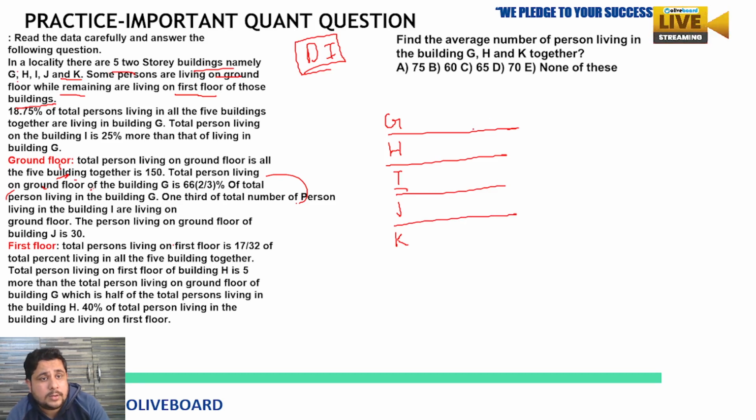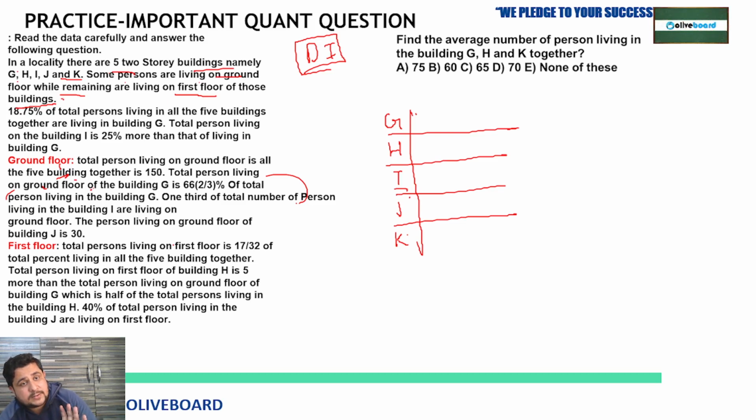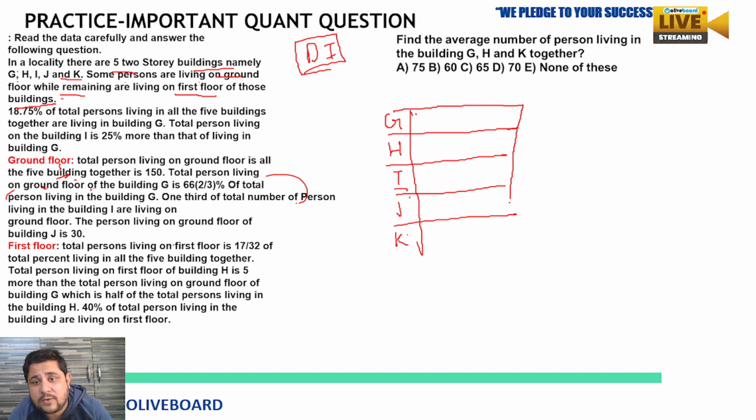And what else do we have to look out for? There are how many floors? Some persons are living on the ground floor while the remaining are living on the first floor of those buildings. So only two floors are available for persons. How many? Two floors.